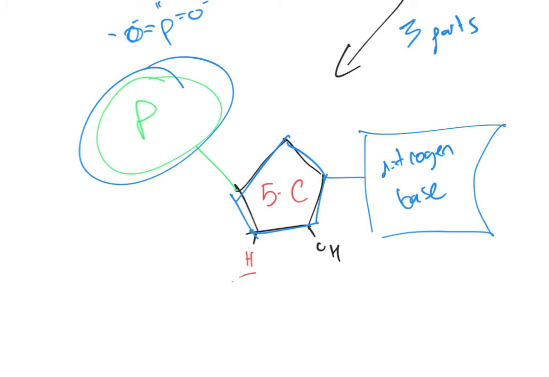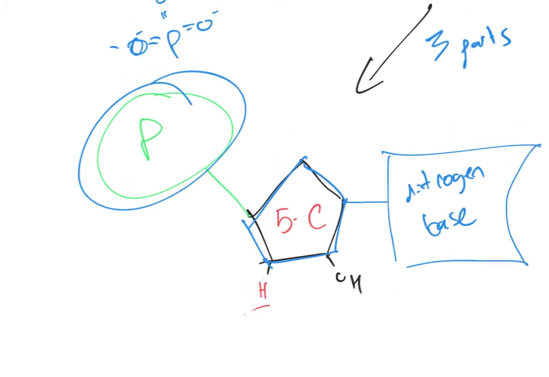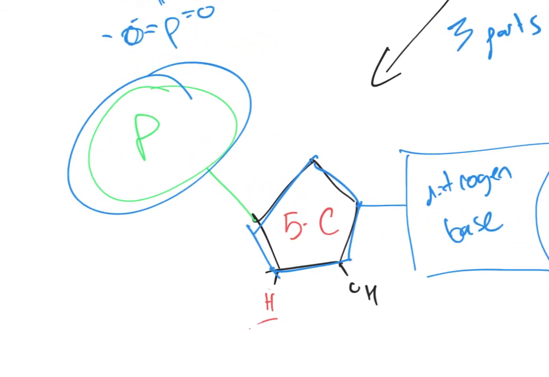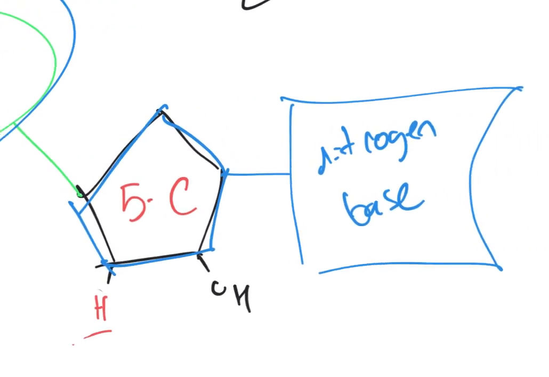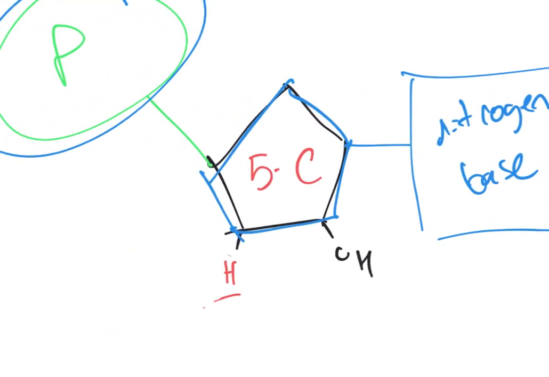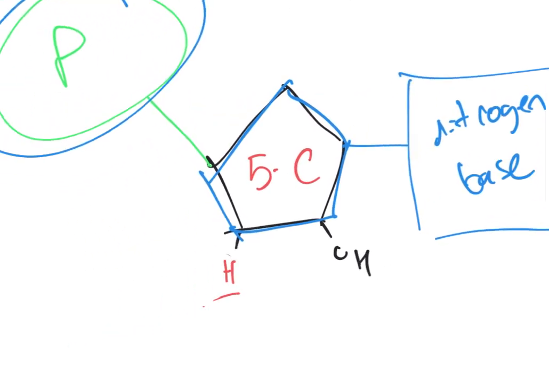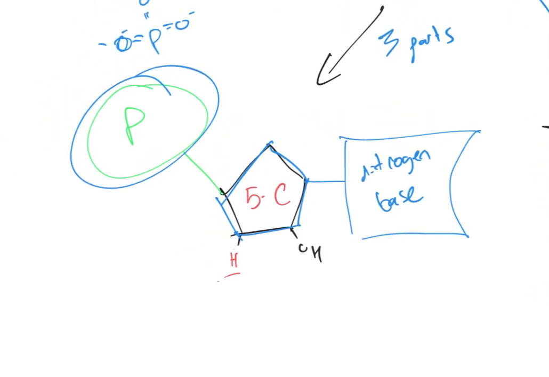DNA is made of DNA nucleotides. RNA is made of RNA nucleotides, right? What are the 3 parts to a nucleotide? Phosphate, nitrogen base, 5 carbon sugar. Okay, so are we confident with this?